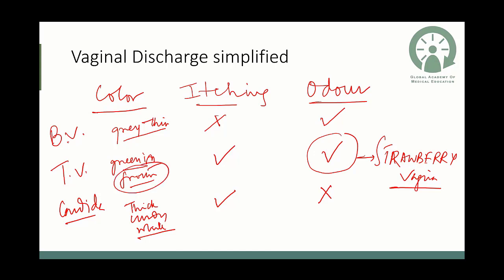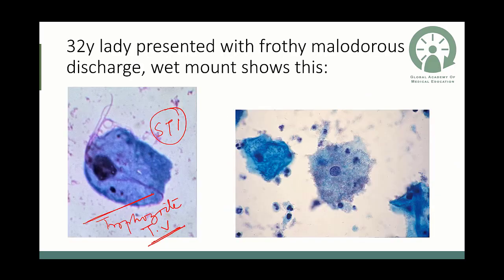So, you can see that we can work up to the diagnosis even without knowing the picture, and the picture is particularly confusing because the next best contender that can be there in the question is this one, where you can see an epithelial cell studded with multiple small pathogenic cells, and this one is known as clue cell, which is suggestive of bacterial vaginosis.